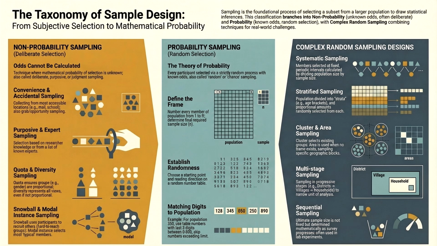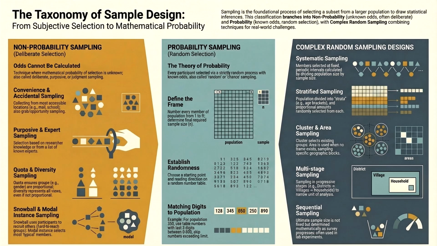The first category we will go with is the non-probabilistic sampling, also called non-probability sampling, where the odds are unknown, right? You cannot calculate what is the odd of a particular element in the subset getting selected for the particular sample.